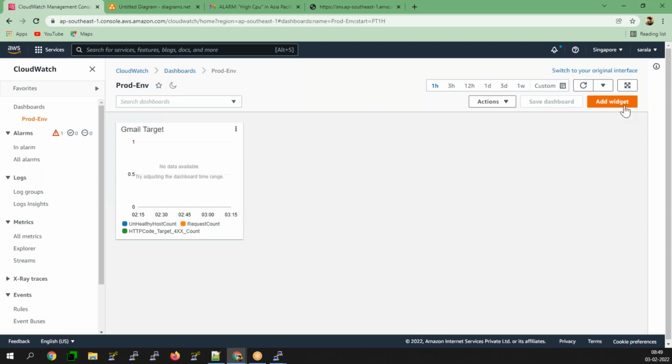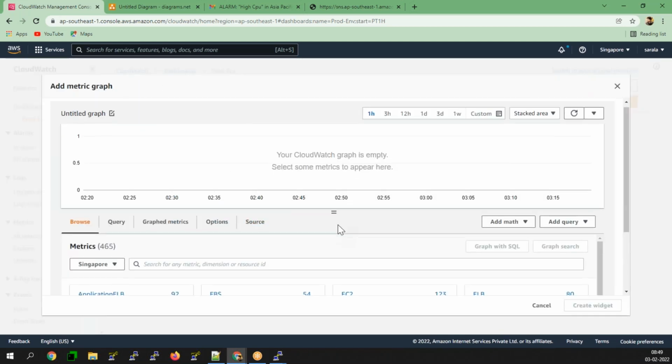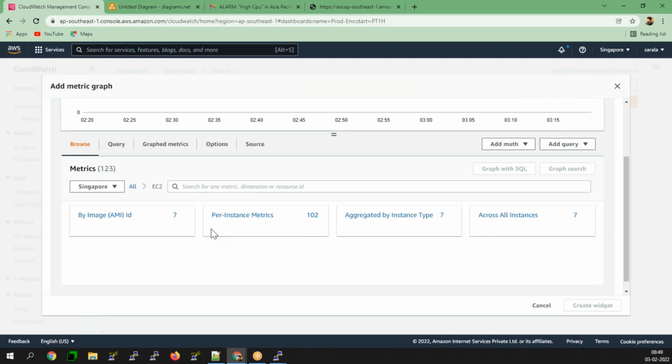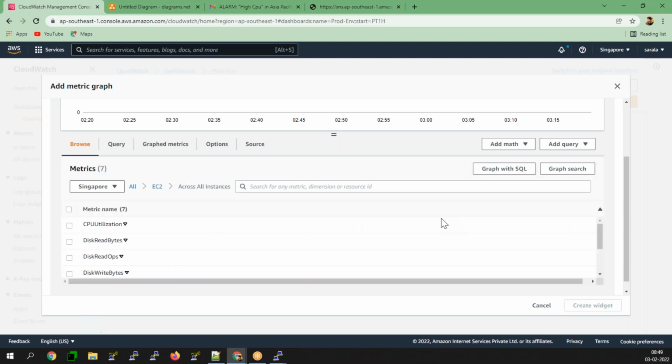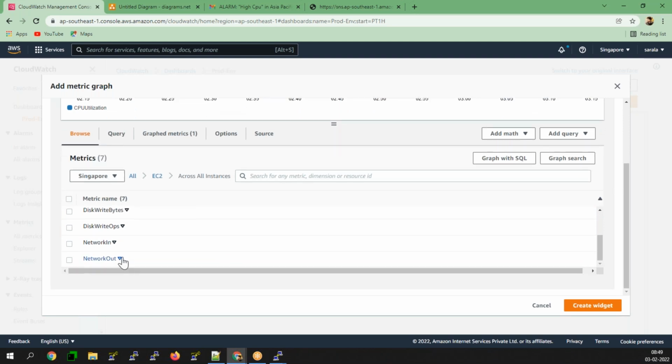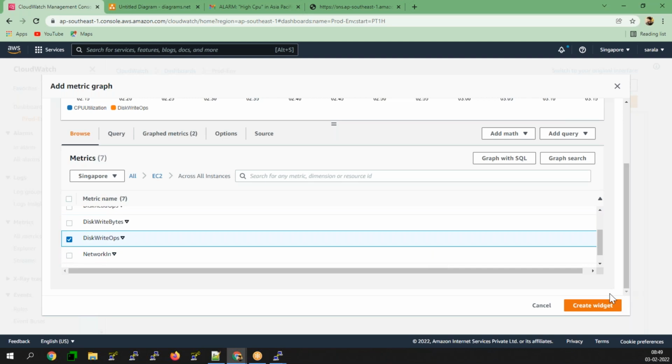Similarly, you need to create a dashboard for your EC2 instances as well, with per-instance metrics or across all instances. This is across all instances. I would like to go with the CPU utilization and the disk write IOPS.